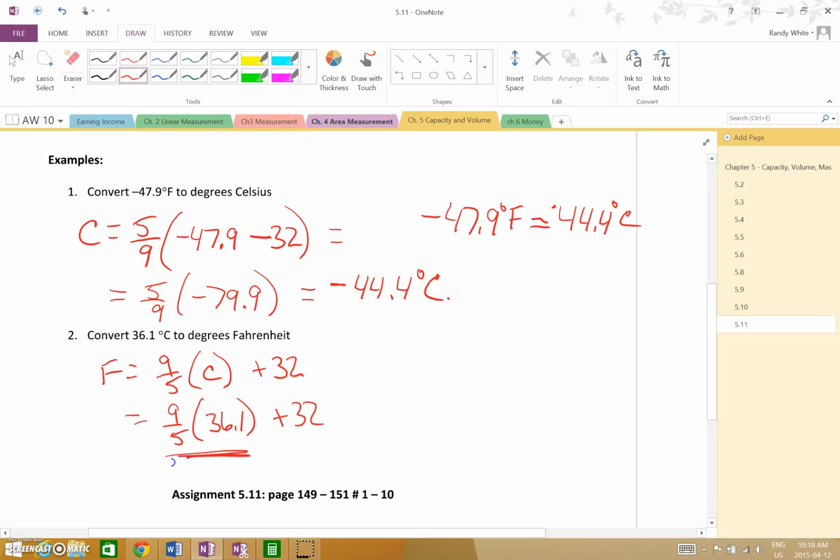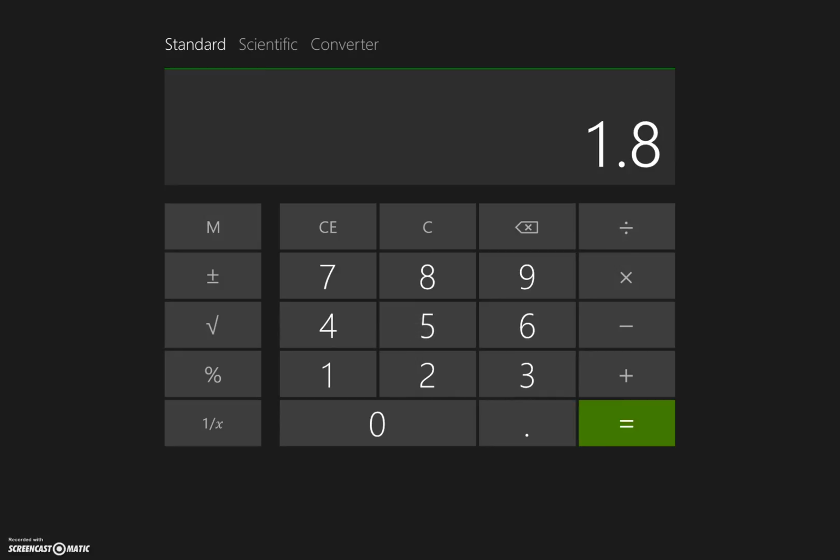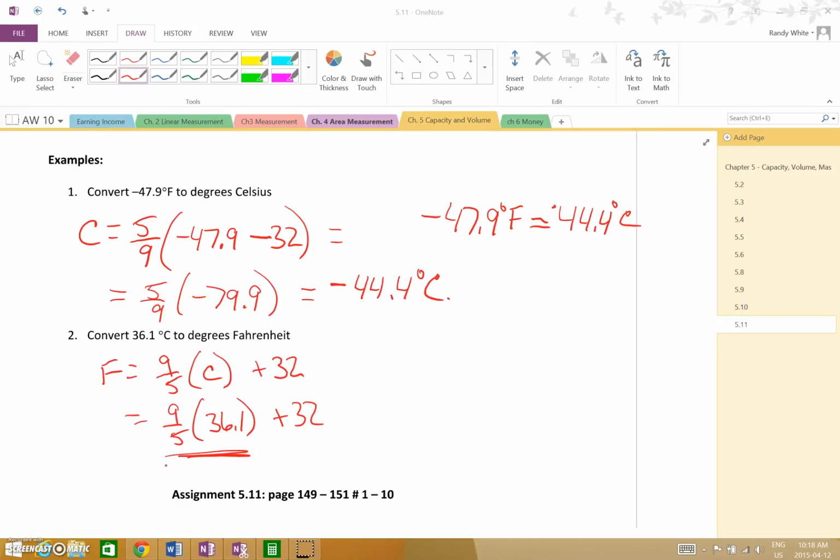So I do this portion first: 9 divided by 5 times 36.1, plus 32, so 96.98. So 36.1 degrees Celsius is almost 97 degrees Fahrenheit.